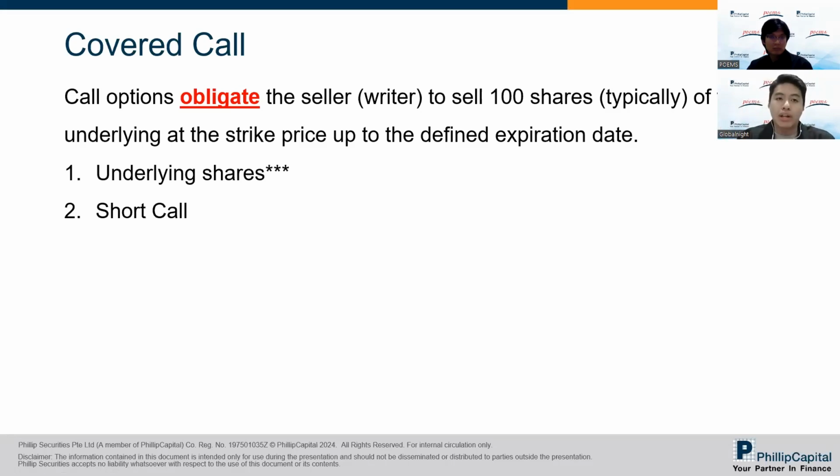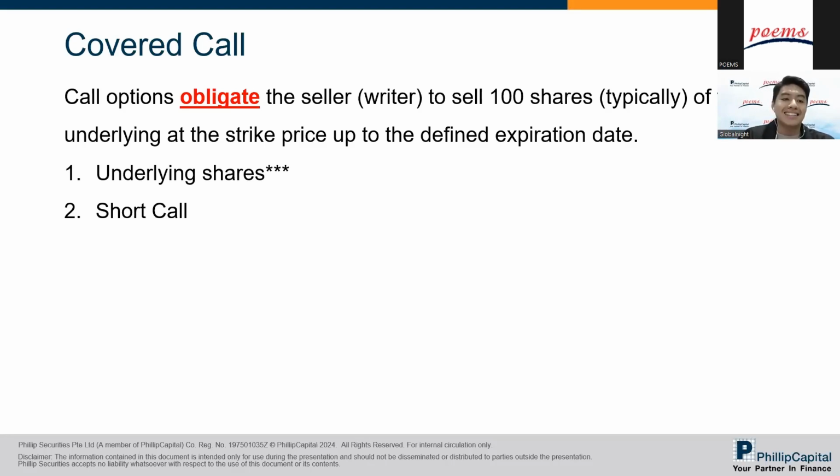When you short a call and the buyer exercises, you will have to deliver the underlying share at the strike price. The risk comes in when you are not holding the underlying share. Take for example Apple. You short an Apple call option contract at a strike price of, let's say, $200.